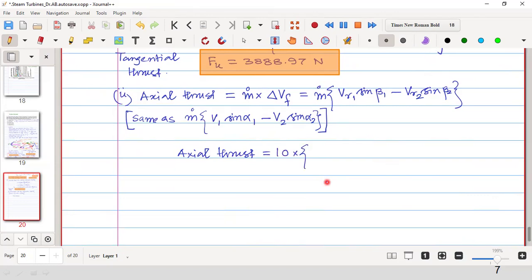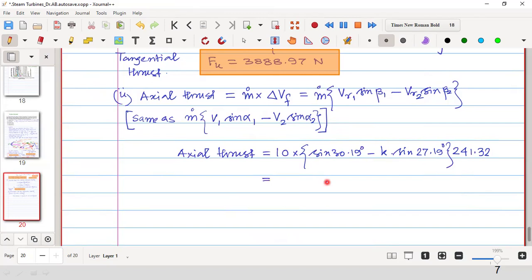Now VR1, again sine beta 1, sine 30.19 degrees minus, again it will be K multiplied by sine beta 2, sine 27.19 degrees, multiplied by VR1, which is 241.32.